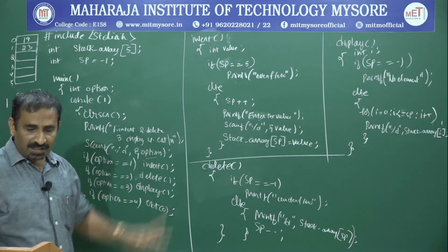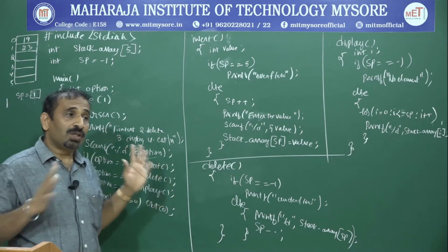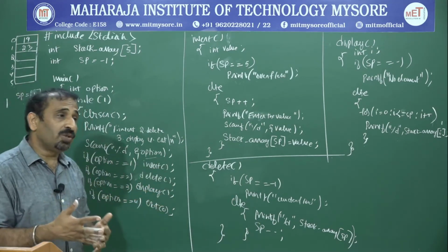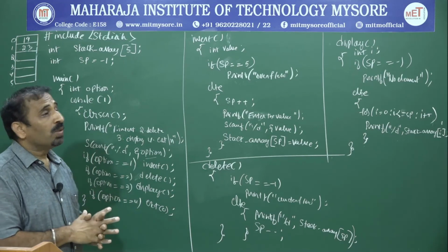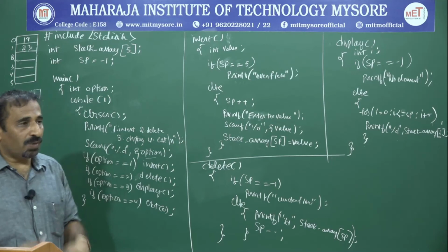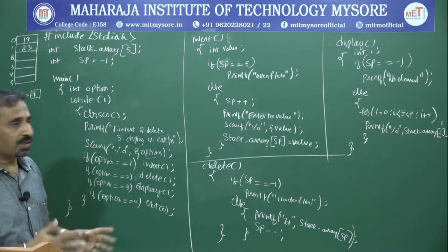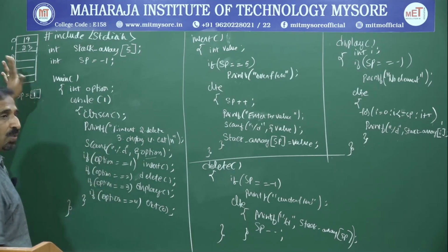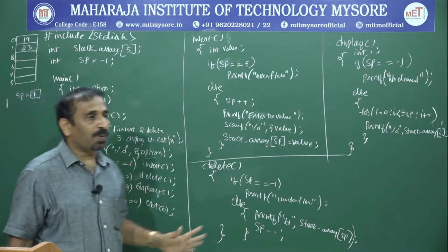So this is a very simple program I have written on the board, and at the end of this video I will show you how this program works on my computer. I have already recorded this. This is a fairly simple program.